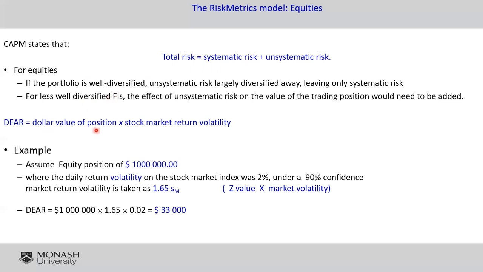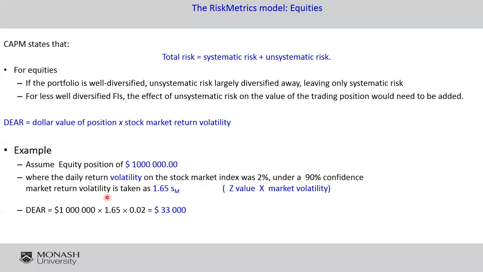So the DEAR is the dollar value of the position times the stock market return volatility, and this volatility is actually coming from the volatility of the index. Now, assume the equity position is 1 million, and the daily return volatility on the stock market index, which we take as an indicator of the volatility of our position in the equities, is 2% under 90% confidence.